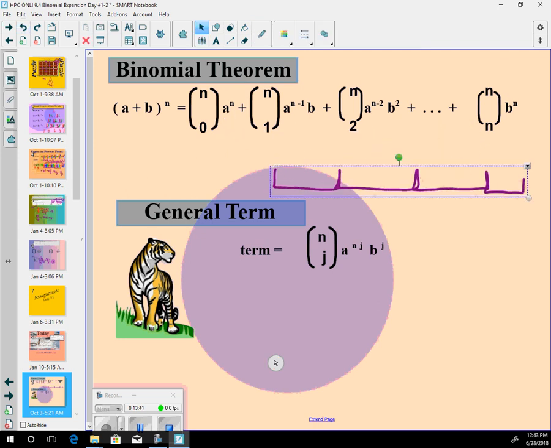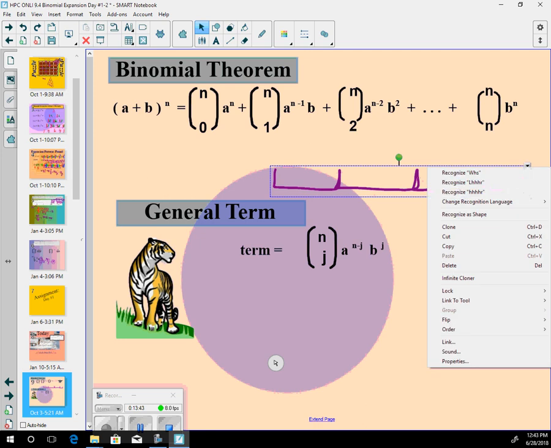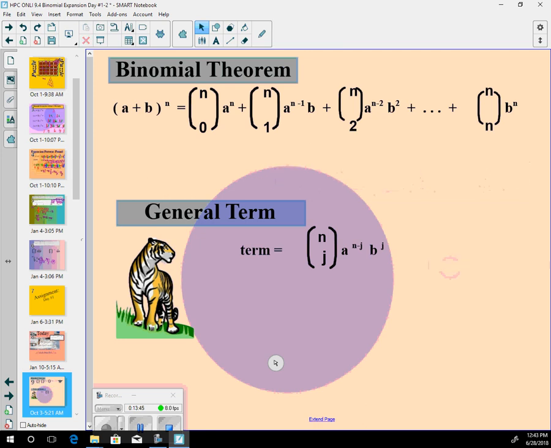There we go. Then you can figure these out with the factorial. So one of the things that's annoying about this is that J starts at 0. Because J starts at 0, the power of B starts out at 0. Everything is like one off from what we would think of. So we'll deal with this in a little bit.